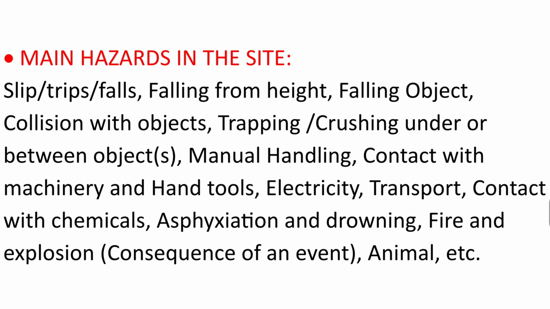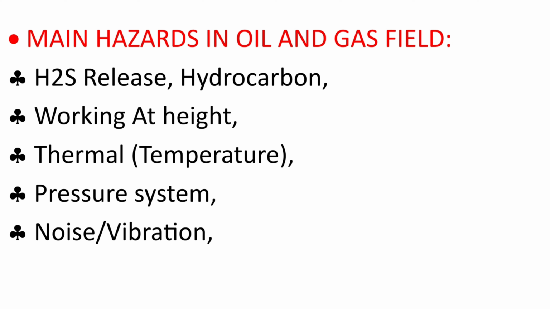Question. Main hazards in the site. Answer. Slips, trips, falls, falling from height, falling objects, collision with objects, trapping, crushing under or between objects. Manual handling, contact with machinery and hand tools, electricity, transport, contact with chemicals, asphyxiation and drowning, fire and explosion, consequence of an event, animal, etc. Question.